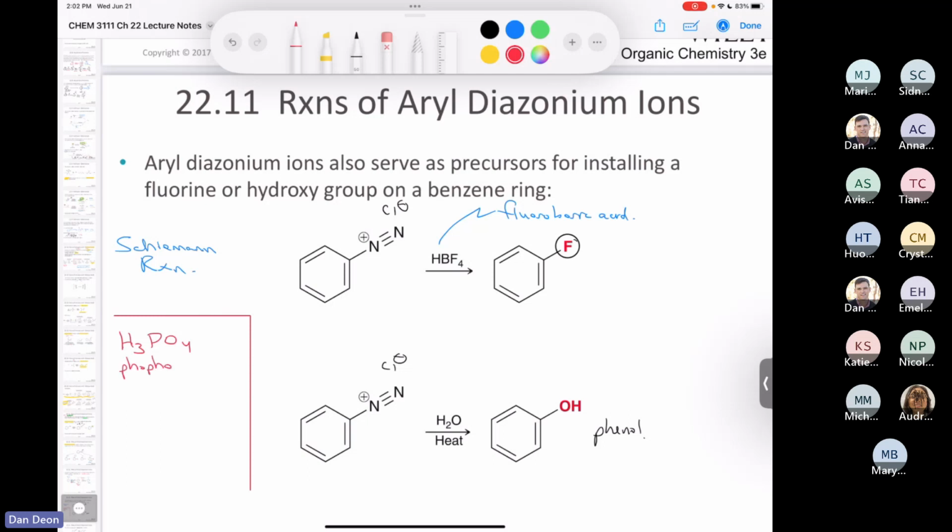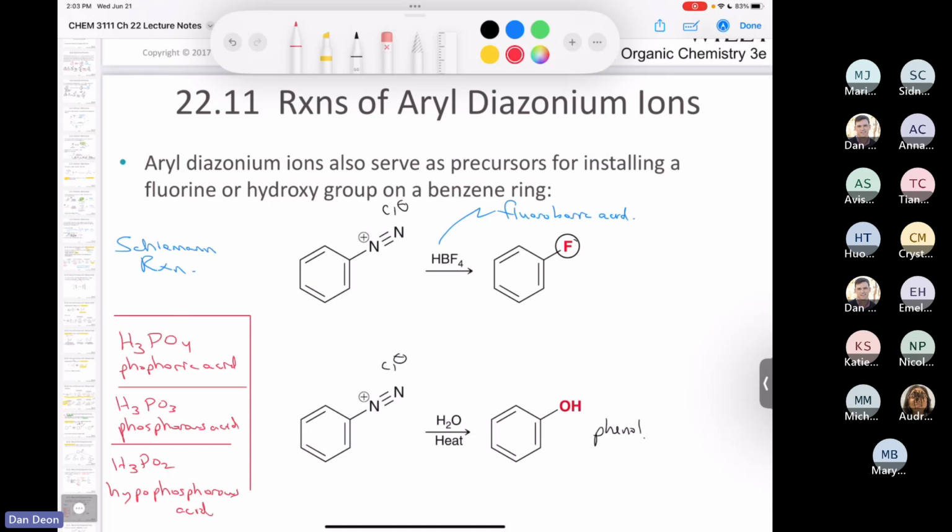If we have H3PO3, then it becomes phosphorus acid, just like we went from nitric to nitrous, we go from phosphoric to phosphorus. And then what if we had H3PO2? Maybe you don't remember this, maybe you do, but this one you would call hypophosphorus acid.